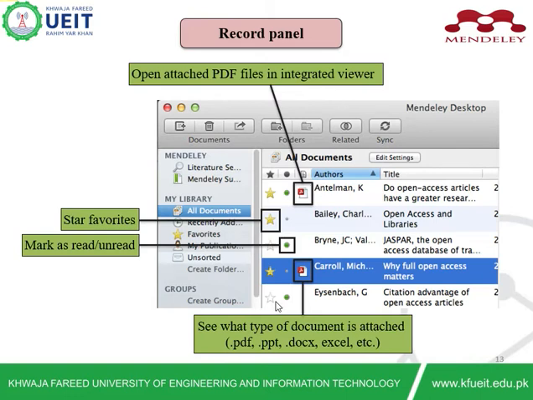All favorite documents will appear in the favorite folder so you can refer back to them with one click. All the papers you mark as favorite you can find in the My Library pane. Just click on favorite, and all your favorite papers will appear.